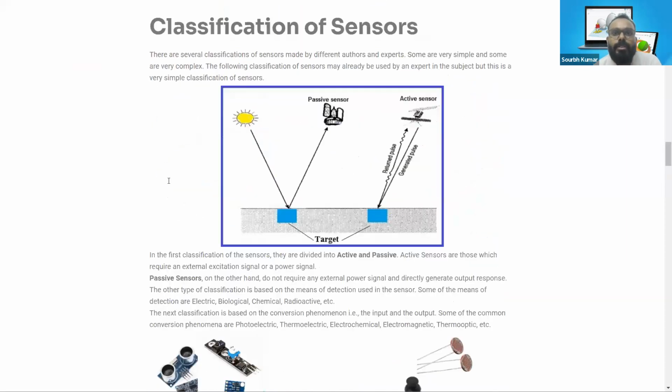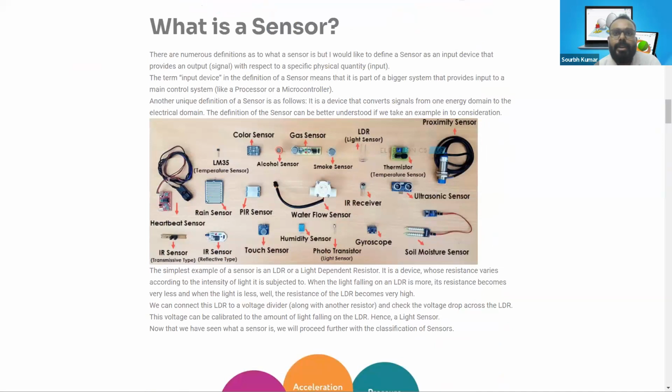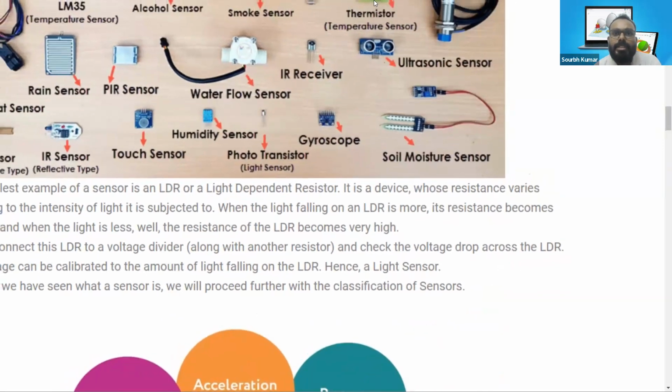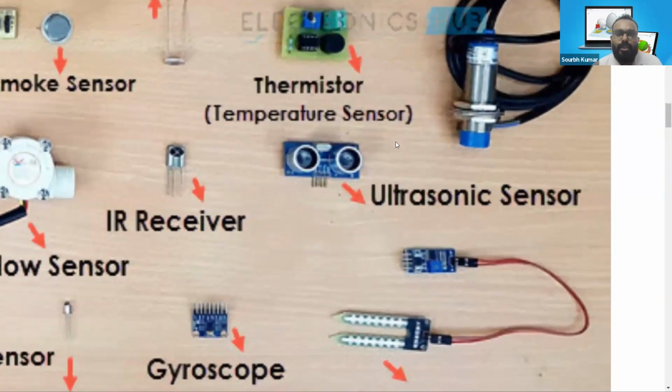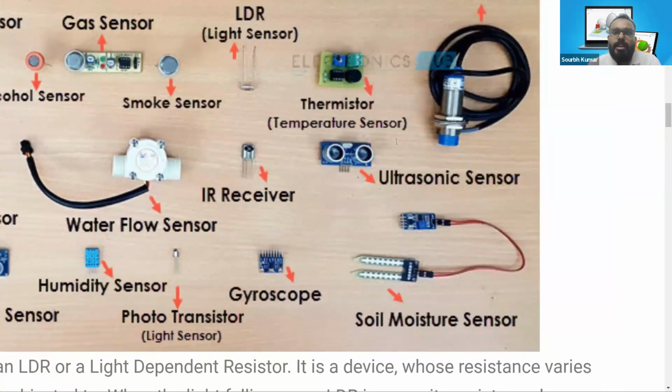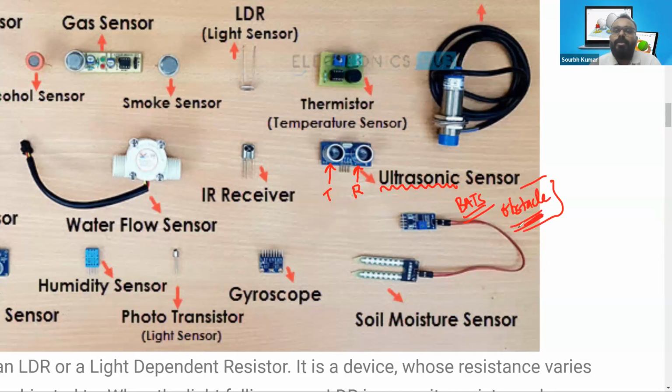This one is a different one. Let me show you the example here. You can see the ultrasonic sensor, right? It is visible to all of you. The ultrasonic sensor has two eye-like structures. One is the transmitter and the other is the receiver. What it transmits and receives is ultrasonic frequency, like how bats identify obstacles in front of their flying path.